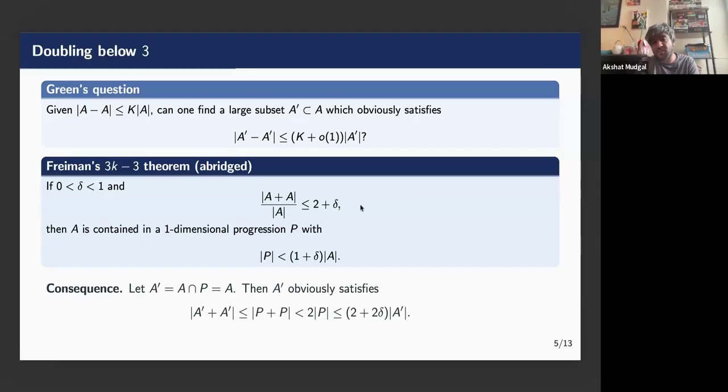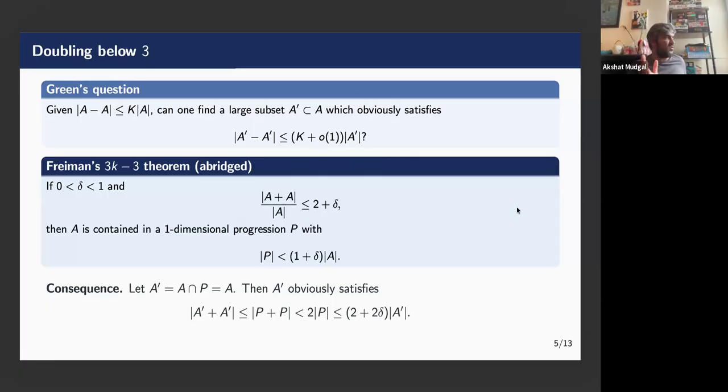So I start with the hypothesis that my doubling is 2 plus delta. I get some structural information, which potentially can be quite lossy, but it actually turns out it's not lossy at all. The structural information trivially gives us that our doubling is at most 2 plus 2 delta. So if delta is small, we are in a regime where we can answer this question of Ben. We start with doubling 2 plus delta, and we get 2 plus 2 delta.